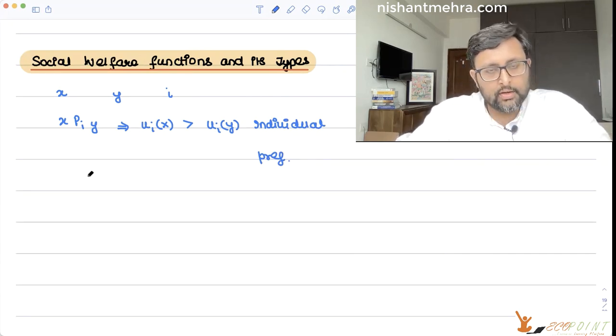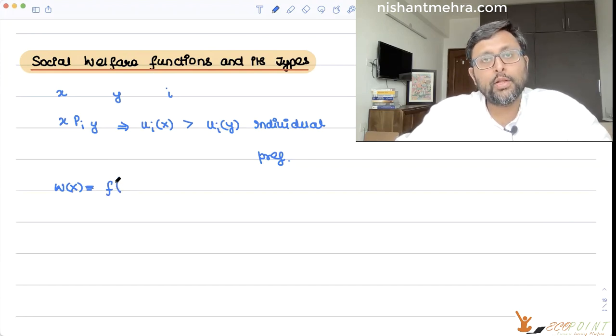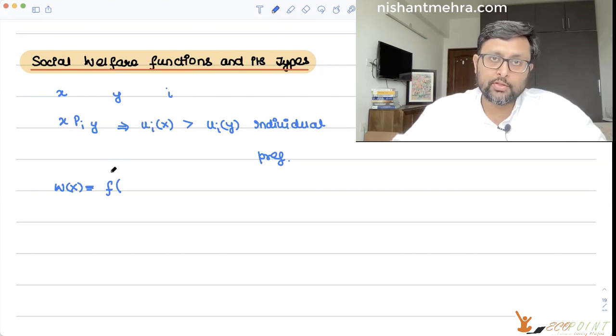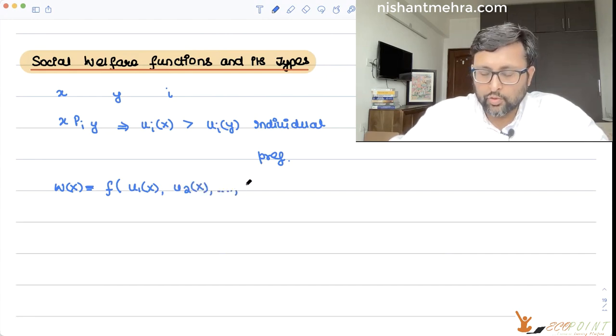Social welfare function. For example, if I want to write the welfare function, it will be a function of the utilities of all the individuals in the society, which they are getting from having the allocation X. So this is F(U1(X), U2(X), and so on to UN(X)).